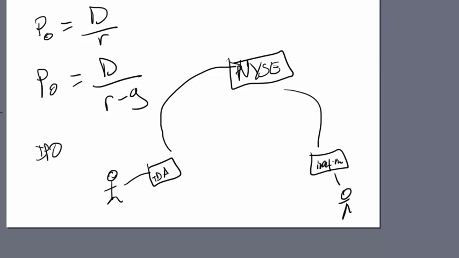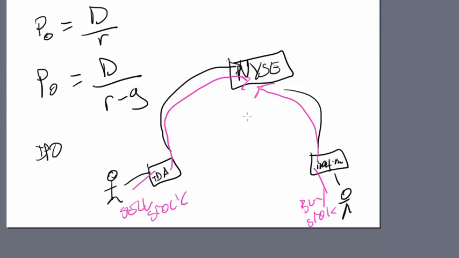So you put in an order to buy the stock with TD Ameritrade. The other person puts in an order to sell stock with their firm. And then both of these orders go over to the NYSE. And then it's the job of the New York Stock Exchange to match up buy and sell orders.